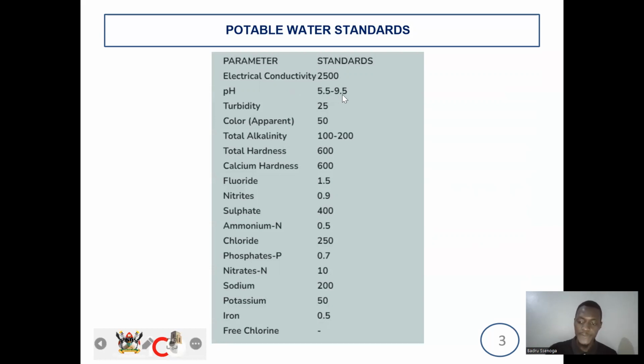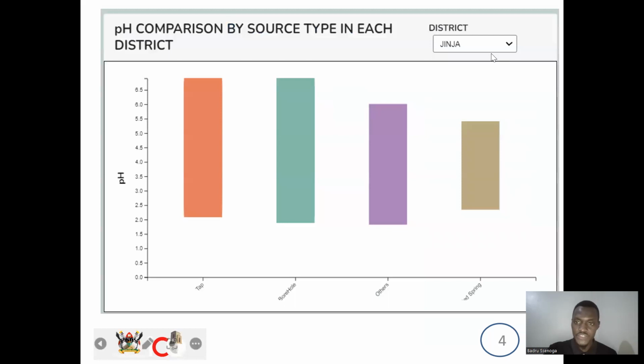That is the range. For the district of Jinja, there is a drop down for districts. When you go to Jinja, it summarizes only the tap water sources, and it gave a range from the lowest being around 2.1 to the highest being over 6.5.